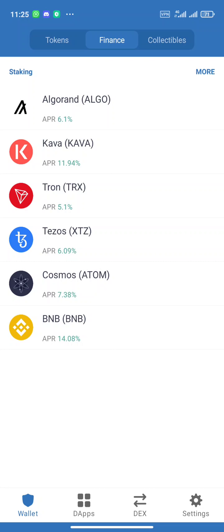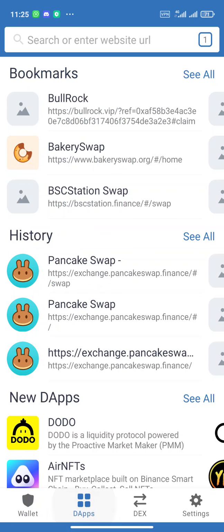I used Celsius Wallet. I used Binance. Binance has some staking options, and then I found out that Pancakeswap has staking options too, and the staking options are very, very profitable. Now let's look at it.